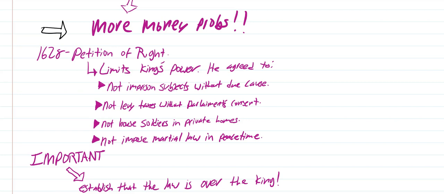That was kind of a big deal, and that's also a big deal in our Constitution. It says we can't do that. And he is not able to impose martial law during peacetime. In other words, he can't call in military protection if we're not at war. These are things that he thought would limit his power, but he needed money, so he went ahead and signed the document and then decided he just didn't care, he wasn't going to do any of that stuff.